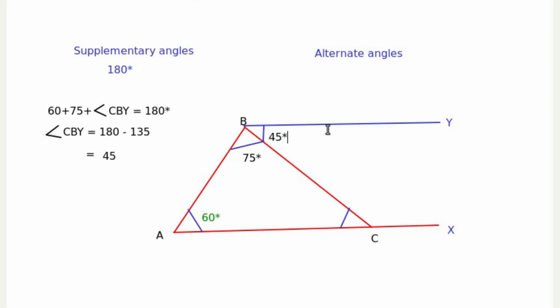So look at this shape, a Z shape, you can see a wrong Z. So here it is the opposite relative position. So this angle, that is angle ACB, and angle CBY, these two angles are alternate angles, and alternate angles are equal.